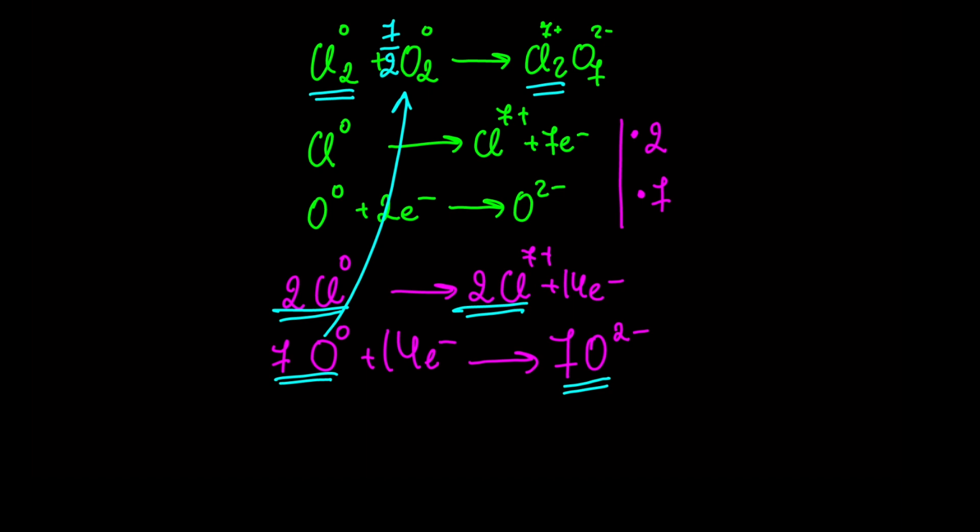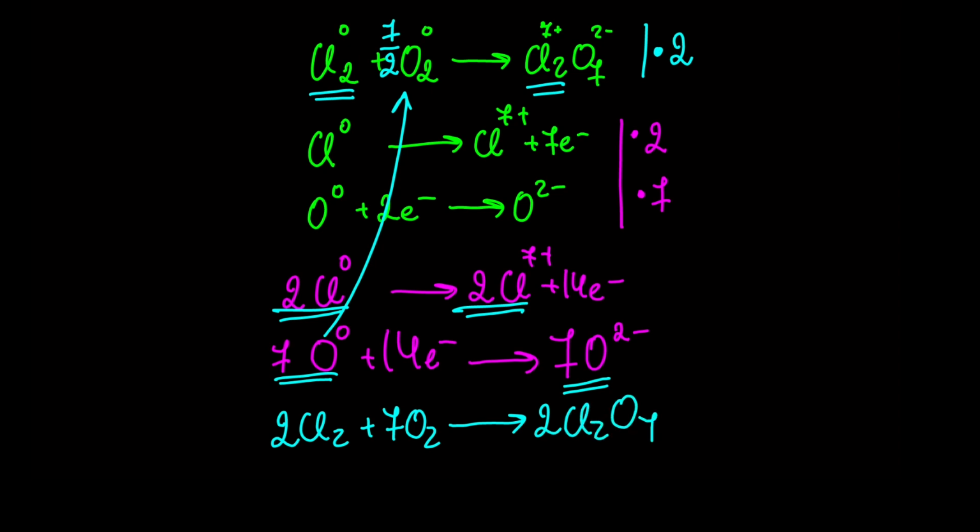Usually, we do not write fractions when balancing reactions. What we can do is to multiply all coefficients by 2. So in this case, we get 2Cl2 plus 7O2, reaction arrow 2Cl2O7. And now we have a balanced reaction.